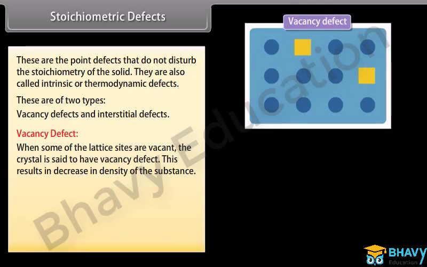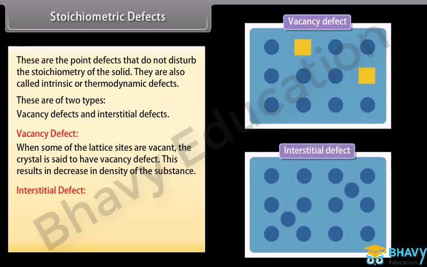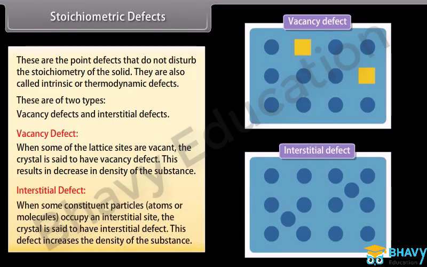When some of the lattice sites are vacant, the crystal is said to have a vacancy defect. This results in a decrease in density of the substance. 2. Interstitial defect. When some constituent particles, atoms or molecules, occupy an interstitial site, the crystal is said to have an interstitial defect. This defect increases the density of the substance.